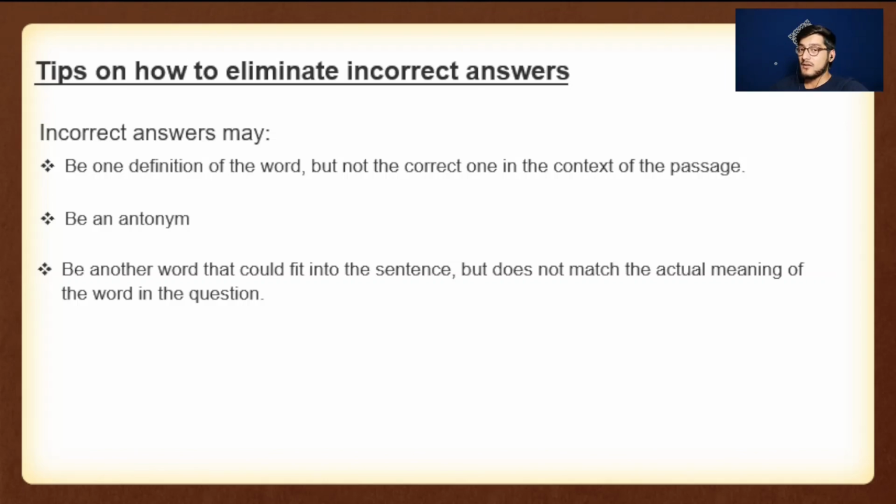Usually, grammatically, they are correct. It means the word fits the context, but it changes the meaning here, and does not match the actual meaning of the word in the question. For example, the word tiny in one of the examples that we had earlier in this video, the massive or immense veil we had previously.